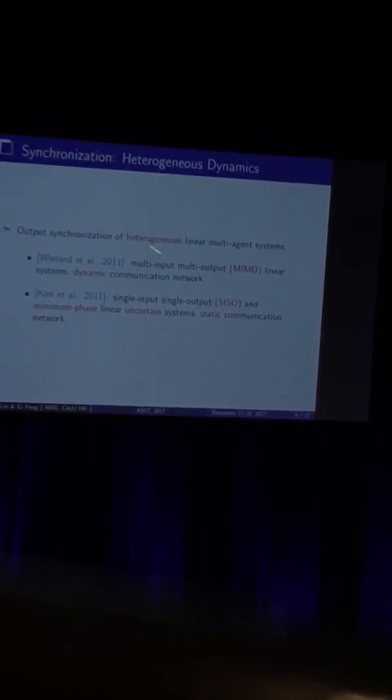Then, the output synchronization problem of heterogeneous linear multi-agent systems is studied. Here are two representative works in this aspect. In particular, the work by Wieland in 2011 studies the multi-input, multi-output linear system and dynamic communication networks.